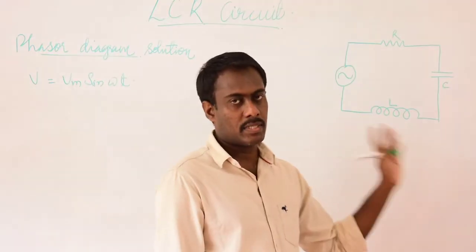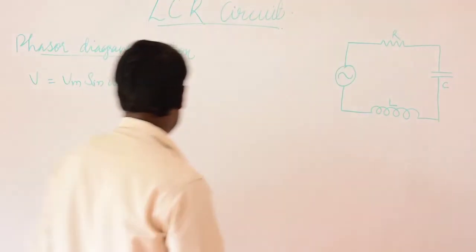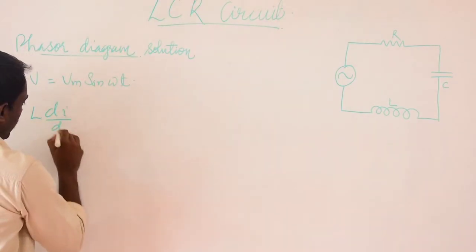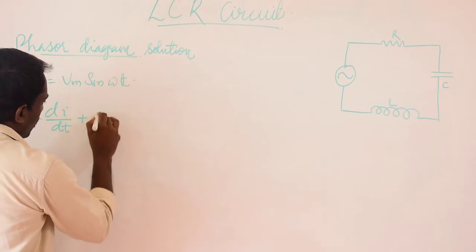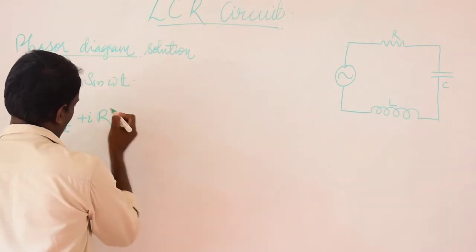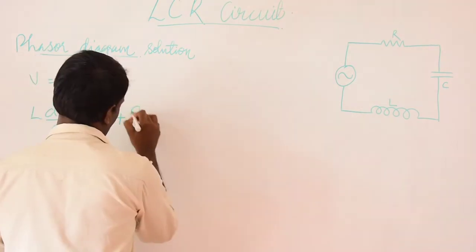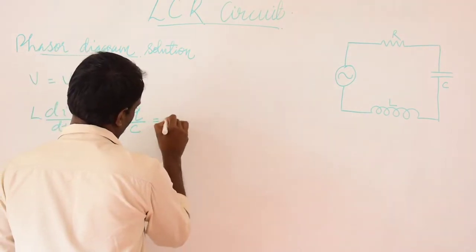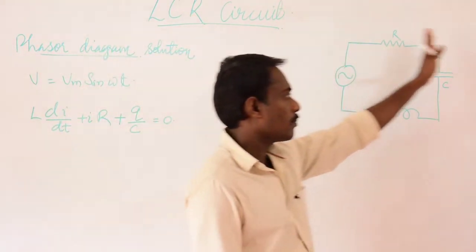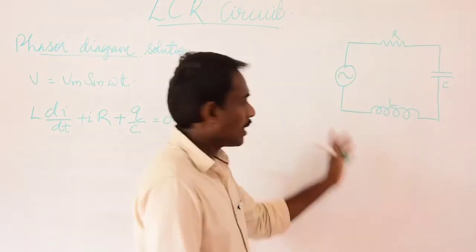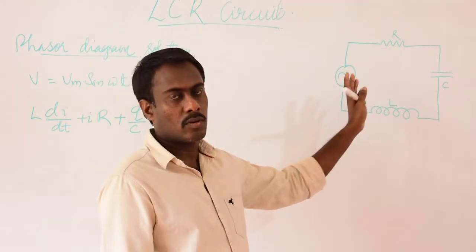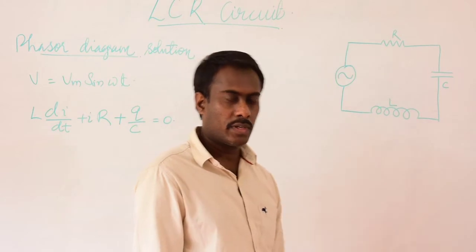Then as per Kirchhoff's rule, we can write L into di divided by dt plus I into R plus Q divided by C is equal to 0. We want to determine the instantaneous current through the circuit and its phase relationship to the applied alternating voltage.